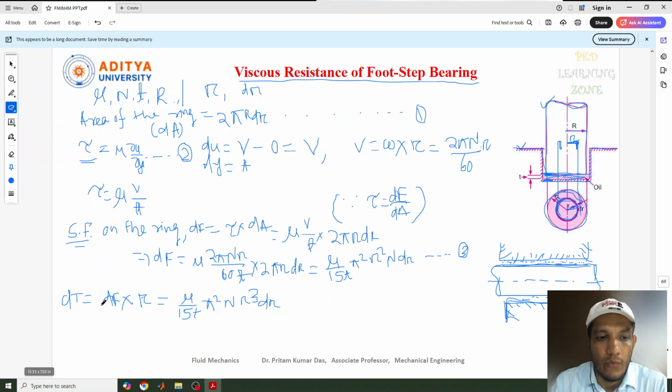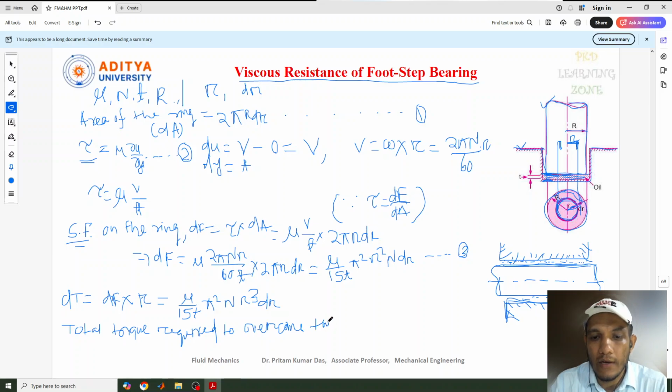Now we need to find the total torque required to overcome the viscous resistance.